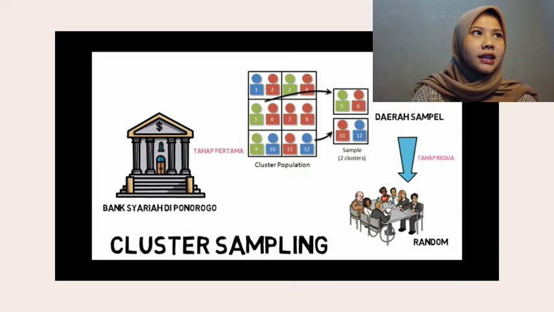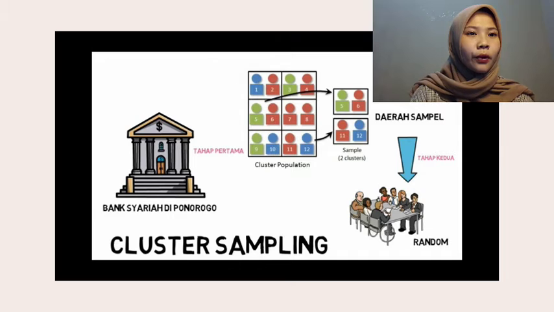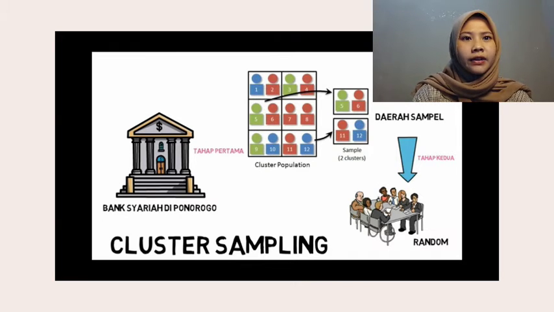We will research Islamic banks in Ponorogo, meaning that all Islamic banks in Ponorogo will be the research population. First, we make a list and a map of the area. Secondly, we determine how many areas we will choose. In this first stage, there is a population cluster.